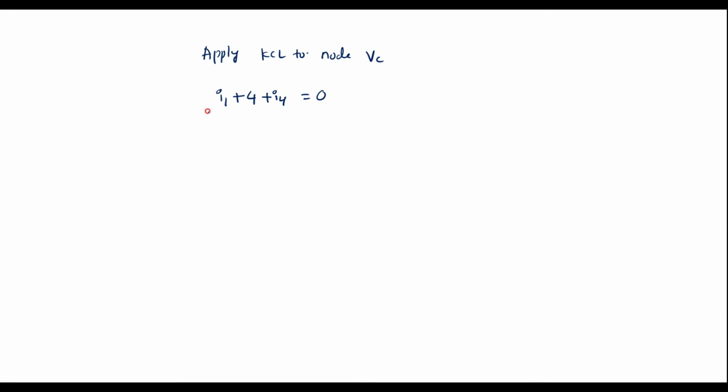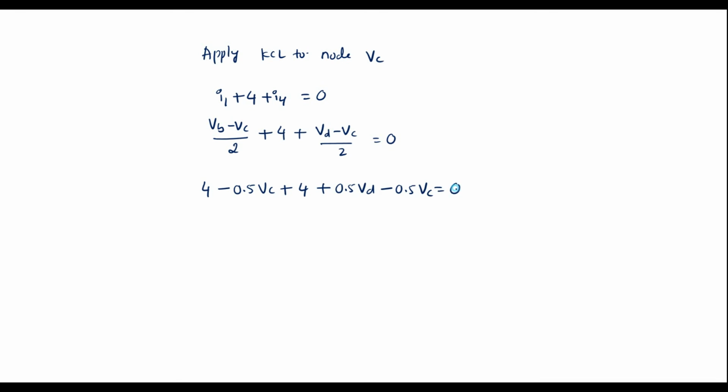So I1 is nothing but (Vb minus Vc) divided by 2, plus 4, plus I4 is nothing but (Vd minus Vc) divided by 2, is equal to 0. Here Vb is equal to 8. So 8 by 2 is 4, minus Vc by 2 is 0.5 Vc, plus 4, plus Vd by 2 is 0.5 Vd, minus 0.5 Vc is equal to 0.